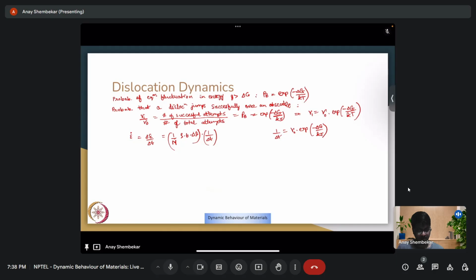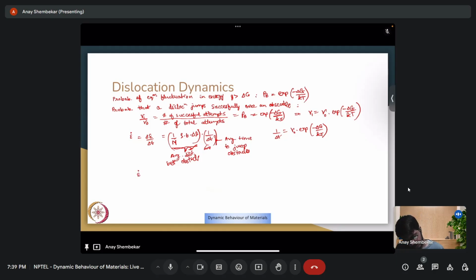Here delta l is the average distance between obstacles. So we have written it in terms of the dislocation density rho, the orientation factor m, and b being the Burgers vector. And delta t refers to the average time to jump obstacles. So 1 by delta t is nu naught exponent of minus delta G by kT.